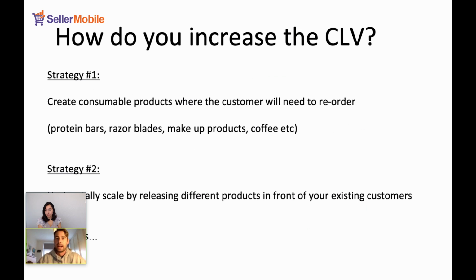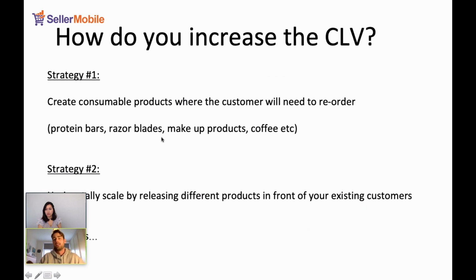Obviously, if you're just starting out, then it's going to be more difficult. Another thing, like I mentioned here, is how do you increase your customer lifetime value? There are two ways of doing that, and it'll probably give you a key indicator of how you can figure out what your lifetime value is. So strategy number one is simply to create a consumable product, whereby the customer will need to reorder.